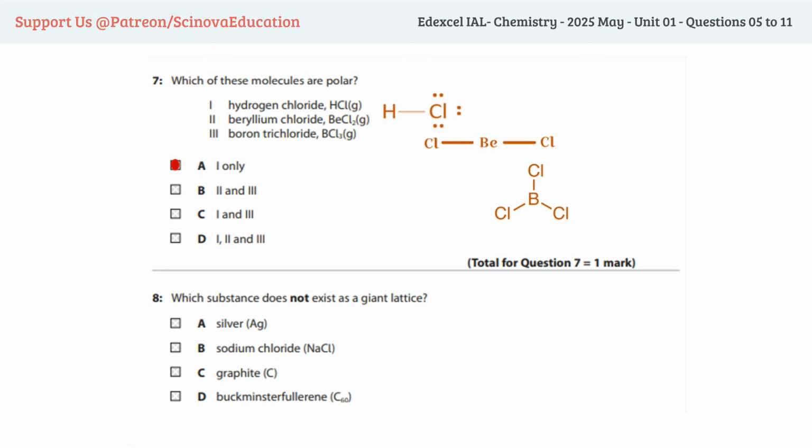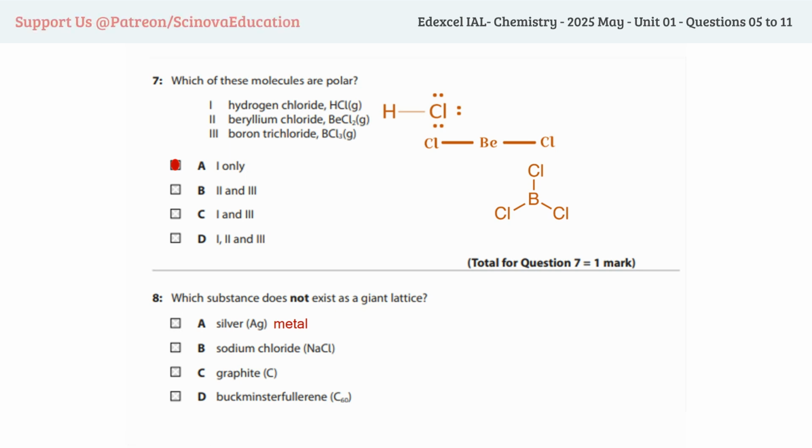Question 8. Which substance does not exist as a giant lattice? Option A, silver, is a metal existing as a giant lattice of cations. Option B, sodium chloride, is an ionic compound existing as a giant lattice of alternately arranged positive and negative charges.